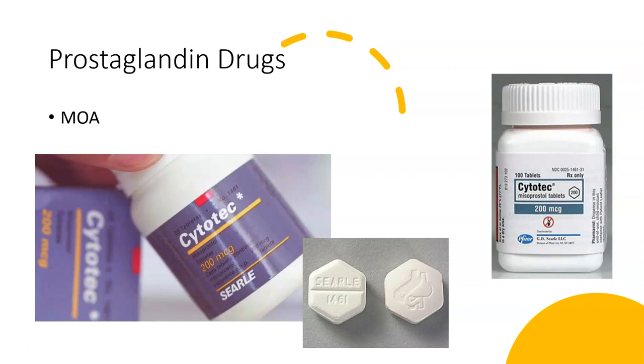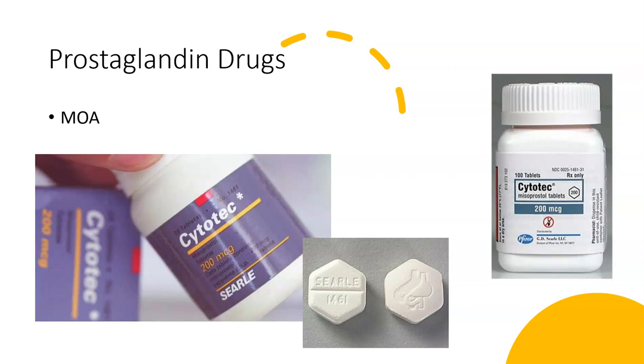prostaglandin drugs, prostaglandin agonists. So these act like a natural chemical that we have in our body. Prostaglandins are sometimes abbreviated PGs. Prostaglandin is important for the chemical that protects the stomach. So it helps to prevent the stomach from being broken down by that hydrochloric acid that we need to digest our food.